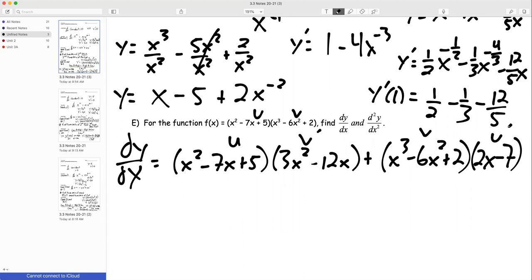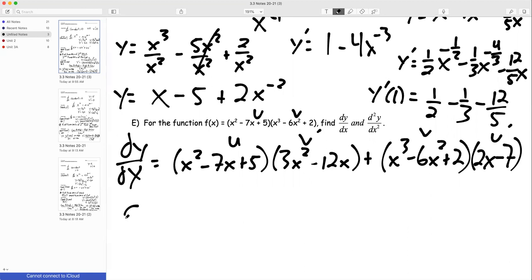But wait, there's more. Because what is that? Take a guess. Even better than the first derivative. It's the second derivative. I'll tell you my favorite derivative later.